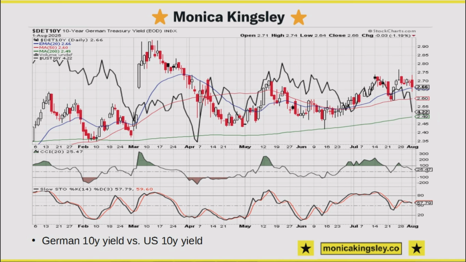Let's compare US 10-year yield, that is the black line, with German 10-year yield. And we can see that the leading Eurozone economies, that instrument had not been appreciating by nearly as much as the US counterpart.